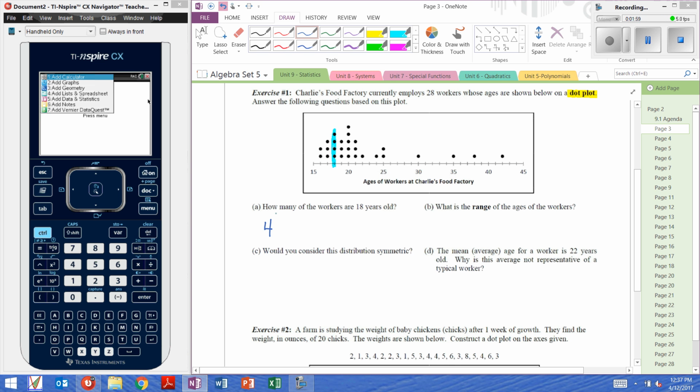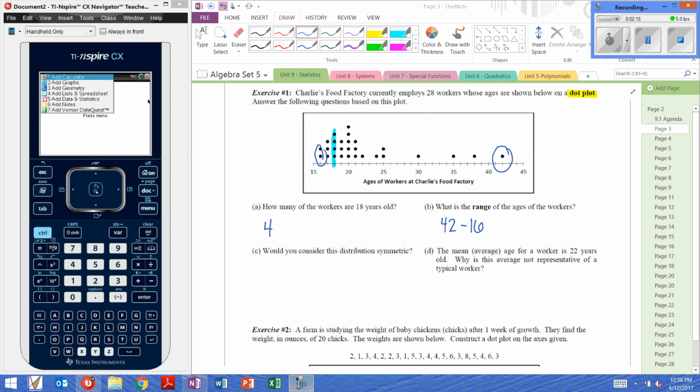Well, the range is when we take the highest value, which is 42, and subtract away the lowest value, or the youngest workers. And once we subtract, we end up getting 26.